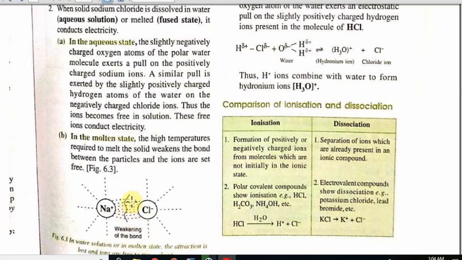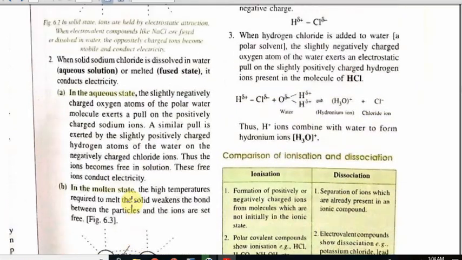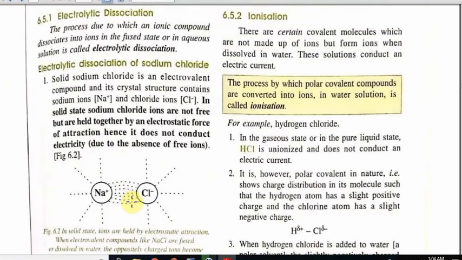Now ions are free, they become mobile and they conduct electricity. There are certain covalent compounds which are not made up of ions but form ions when they dissolve in water. This solution conducts electric current. Now the process by which polar covalent compounds are converted into ions in water solution is called ionization.